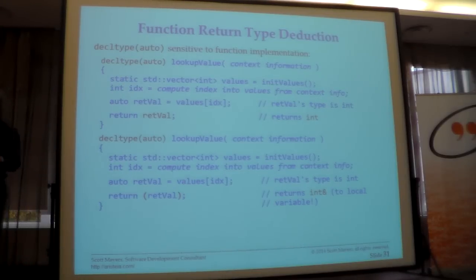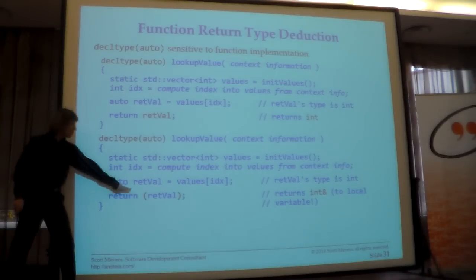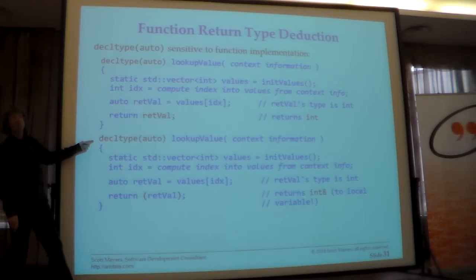However, there are some people who have the habit of always putting parentheses around their return values. So if you were to change this implementation to say return paren, retval, close paren, this is no longer the name of a variable, this is now an expression. Which means this is now returning a reference to an int.